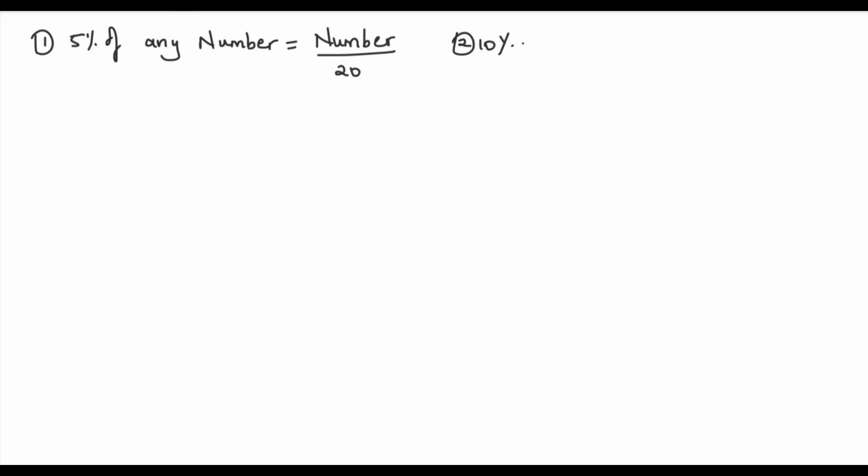So here are some basic tricks that you have to remember while solving aptitude problems from the percentage topic. First one is 5% of any number. How to find 5% of any number? Just divide the number by 20. Second, 10% of any number: divide the number by 10.